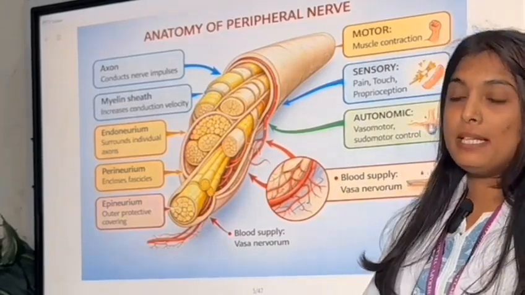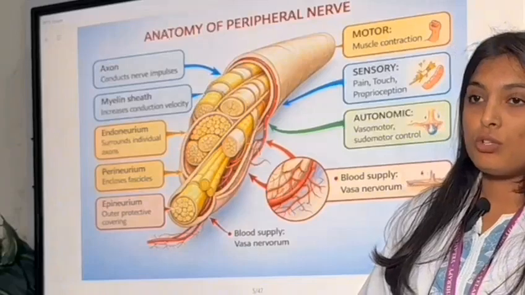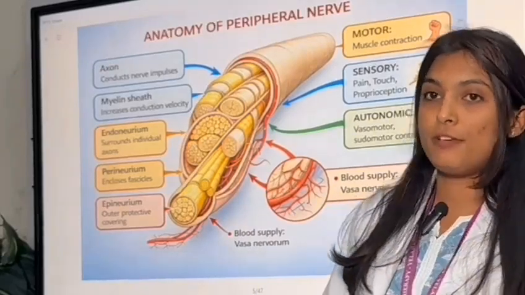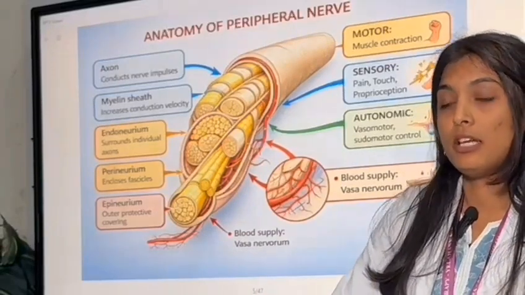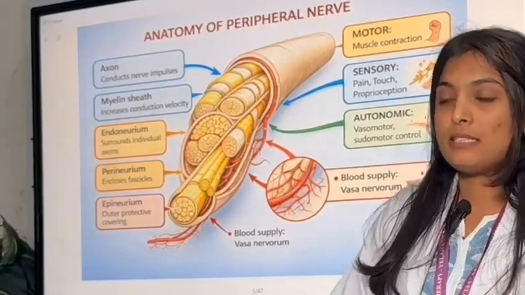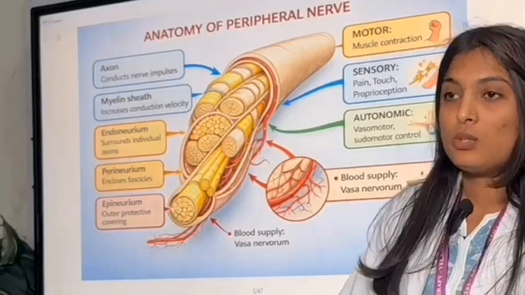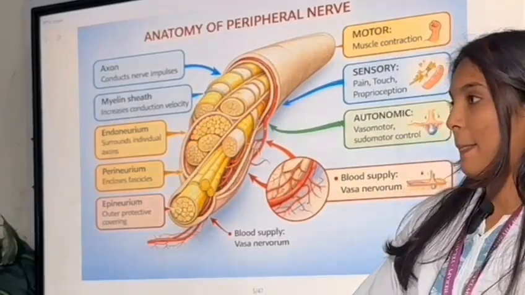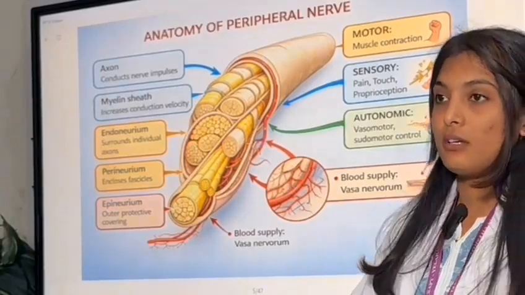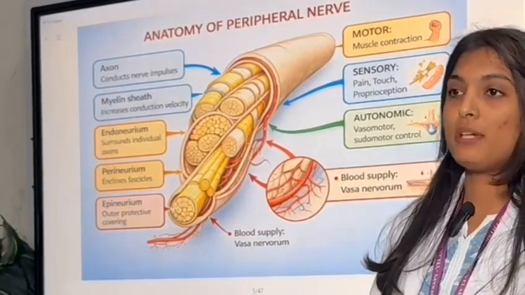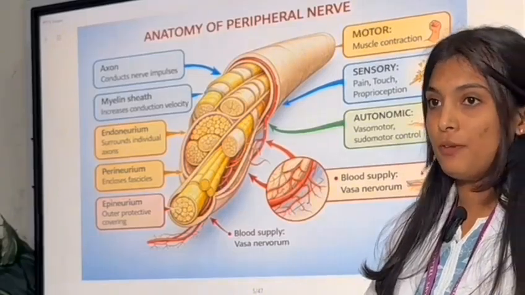What is pseudomotor control then? It is the ability to control the sweat glands. When the autonomic fibers carried through the peripheral nerve are damaged, the ability of the nerve to secrete, there is something called the eccrine sweat gland, the ability to secrete sweat is reduced because of the damage to the autonomic fibers carried through that peripheral nerve.